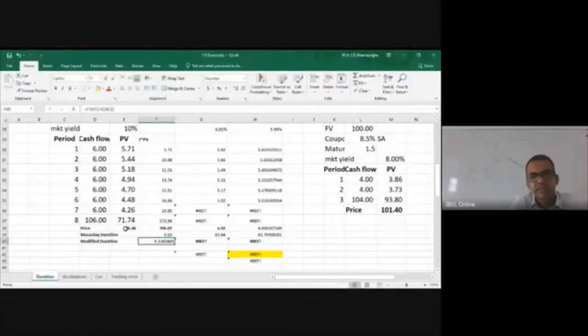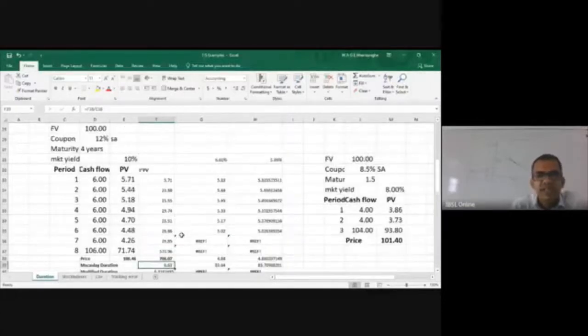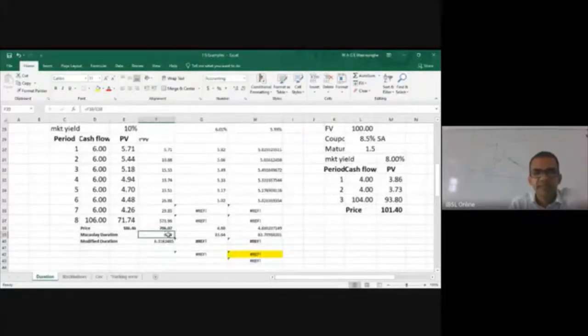Now you can see Macaulay duration came as 6.63. But as I answered to the question earlier, duration cannot be more than the maturity period. Maturity is 4 years, and now you get Macaulay duration as 6.63. What is the reason? In this, we get the duration in terms of number of periods.